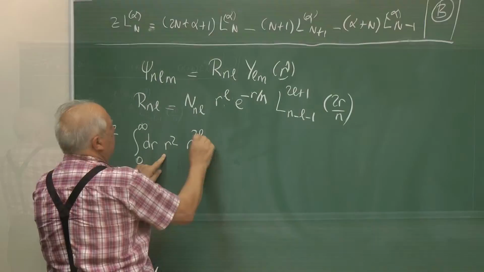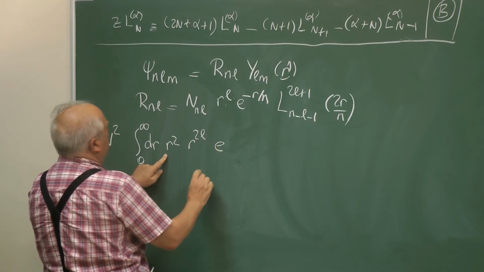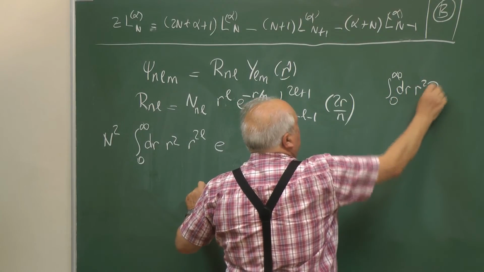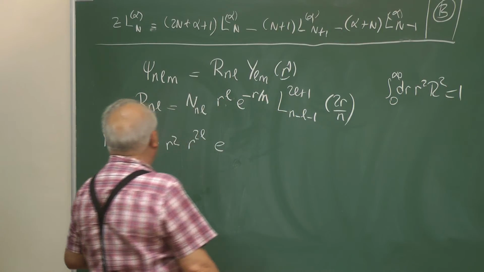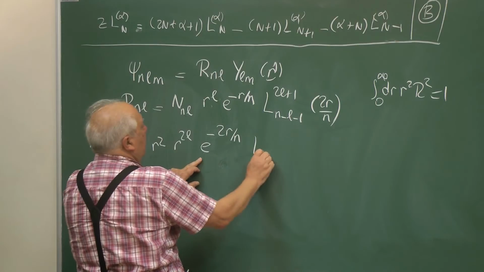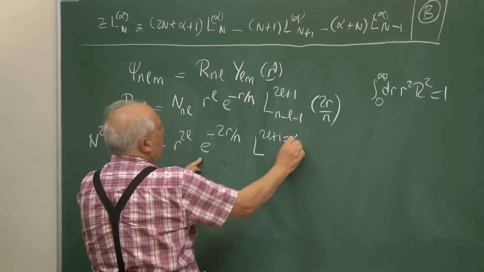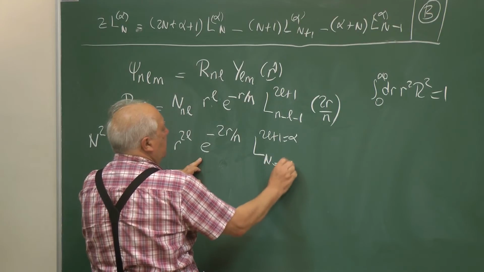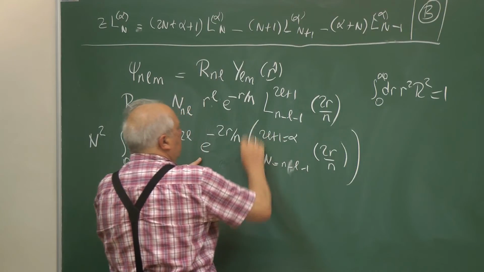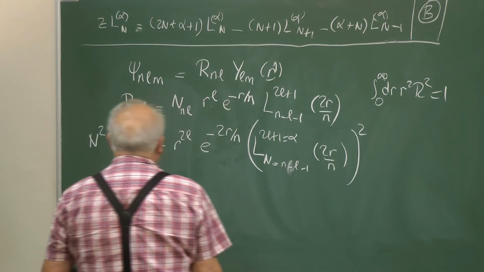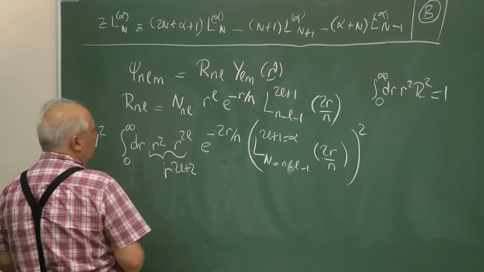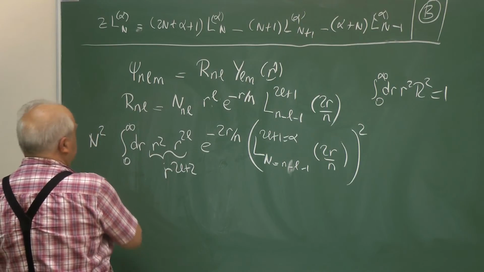Then r to the 2l, integral from 0 to infinity dr r squared should be 1. r to the 2l, e to the minus 2r over n, L with upper index alpha, which we call alpha, and lower index n minus l minus 1, of 2r over n, squared. So this is r to the 2l plus 2. This result should be 1.